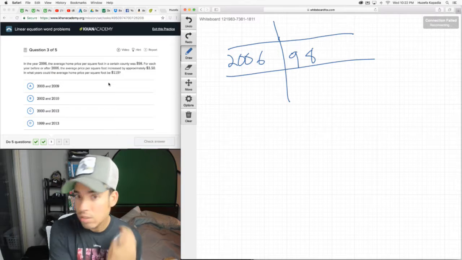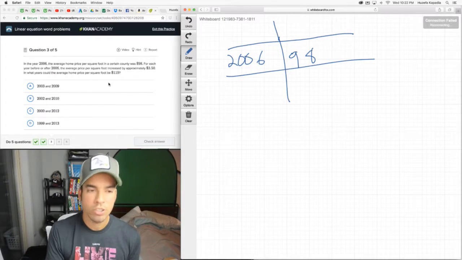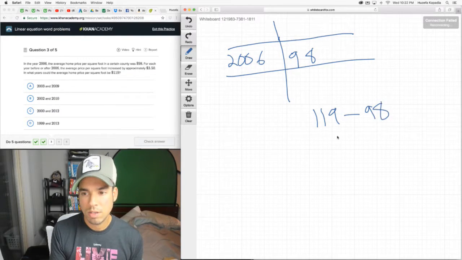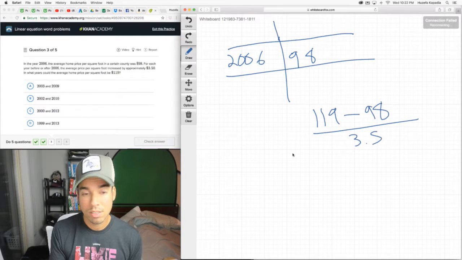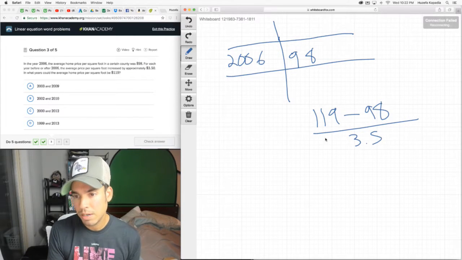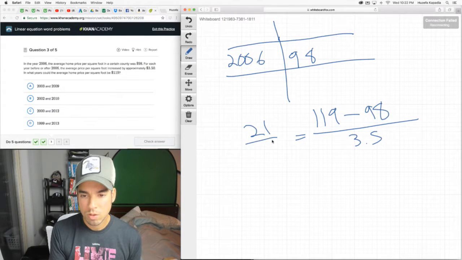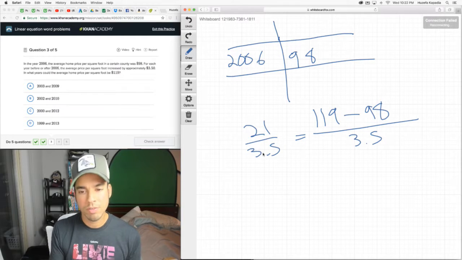Oh yes, yeah. So it's going up in both directions. Well, a fast way we can do this is just basically take the difference and then divide it by 3.5. And this is a calculator section, so you could do that, but I'm guessing you can do this without a calculator. So this ends up becoming 21 over 3.5. 21 divided by 7 is 3. 21 divided by half of 7 should be 6.